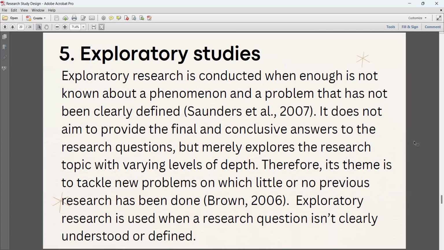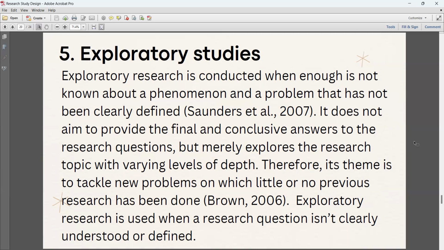Exploratory research is conducted when not enough is known about a phenomenon or a problem that has not been clearly defined, as defined by Saunders et al. 2007.